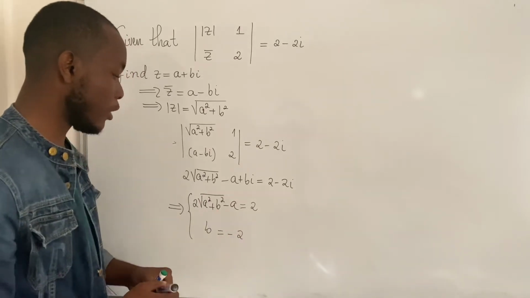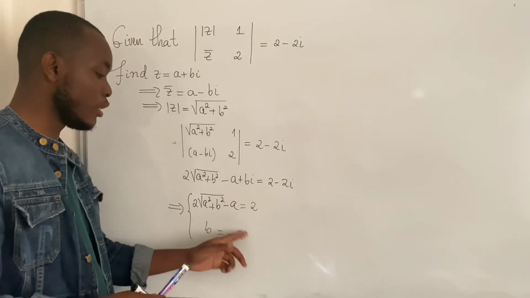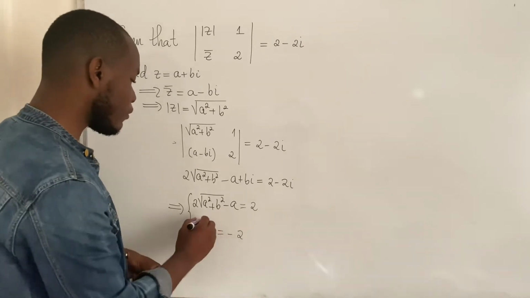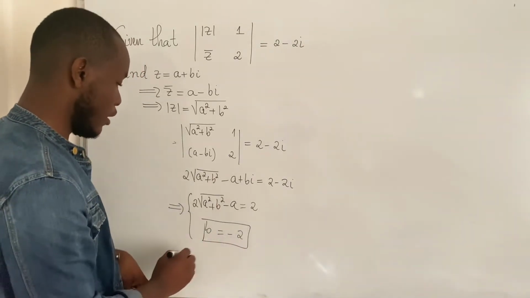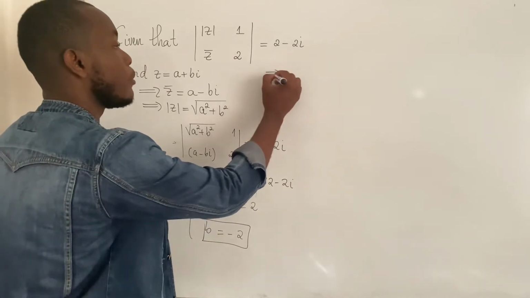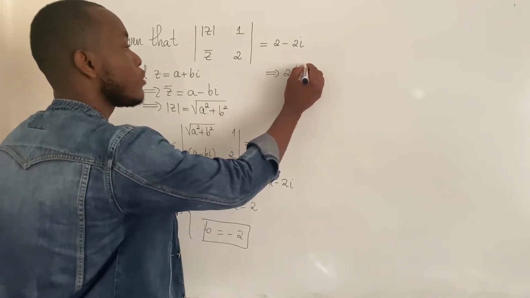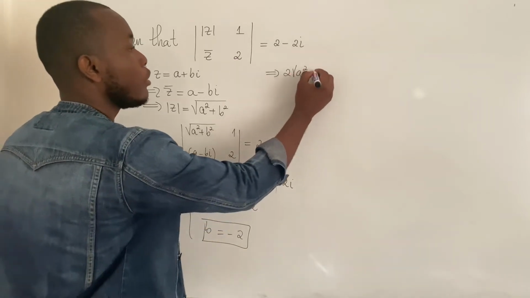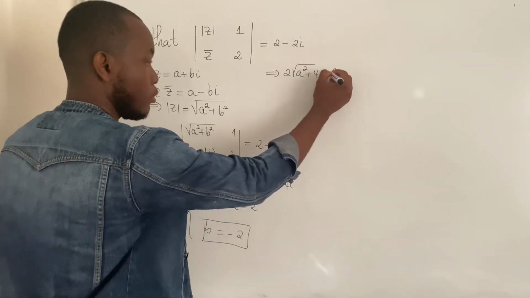We're equating the imaginary part. So if that's the value of b, then we just substitute here to find the value of a. This implies we have 2 times the square root of a squared plus b squared, and b is minus 2, so b squared will be 4.